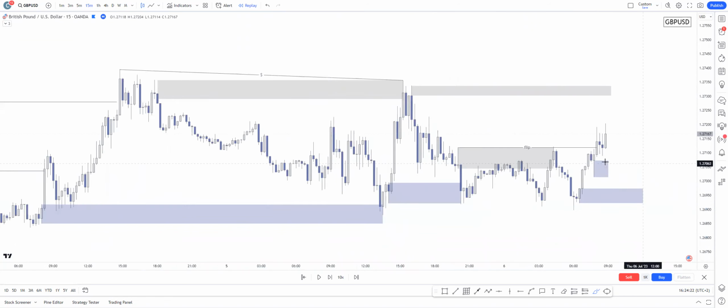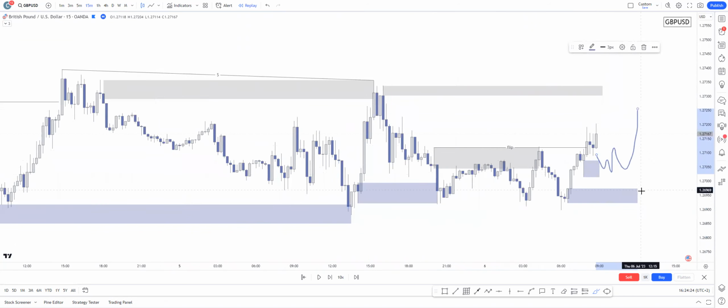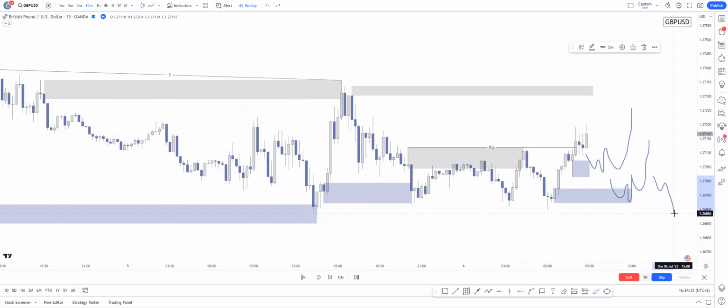So I was expecting a confirmation entry here or a confirmation entry here, but this would have less probability, and I would rather wait for a flip of this extreme demand in this case. And if a flip happened here on this lower demand area, then I would execute short, and I would probably wait for short opportunities. But this was my main plan actually.